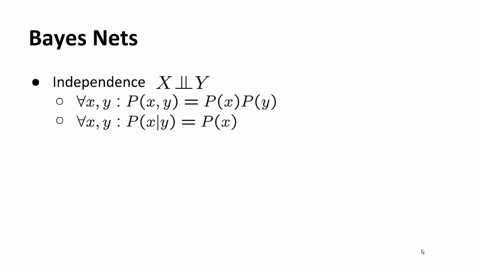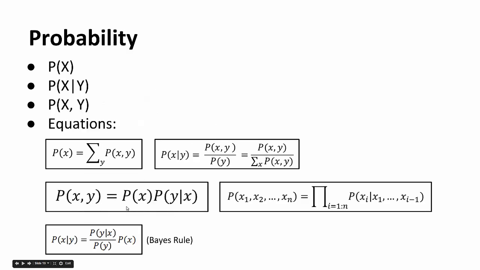So for two variables, x and y, we'll say that they're independent if the probability of x comma y is equal to the probability of x times the probability of y. Okay, so recall that if we were writing this quantity with the chain rule, the probability of x comma y would be equal to the probability of x times the probability of y given x. Okay, so that's just this guy here.